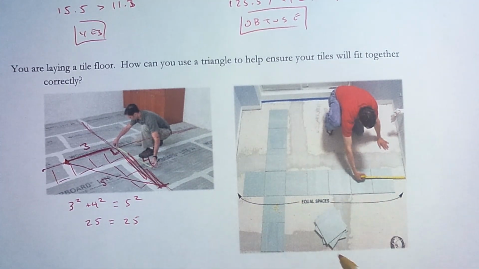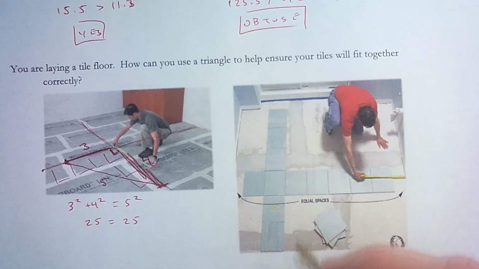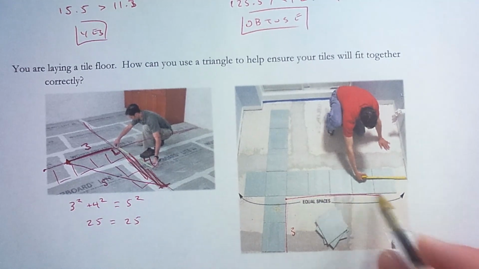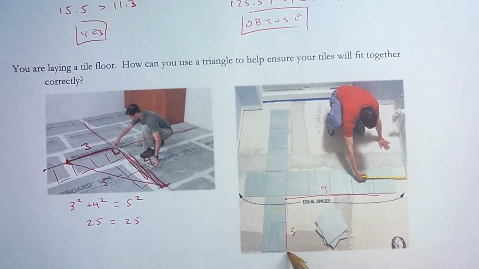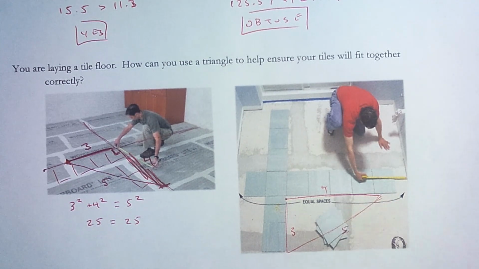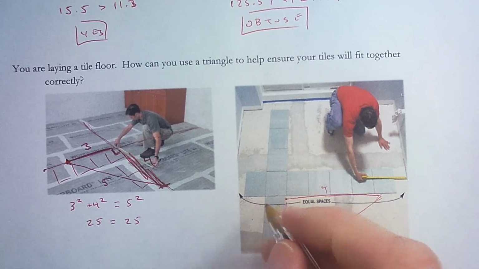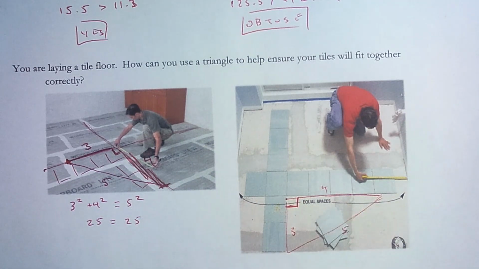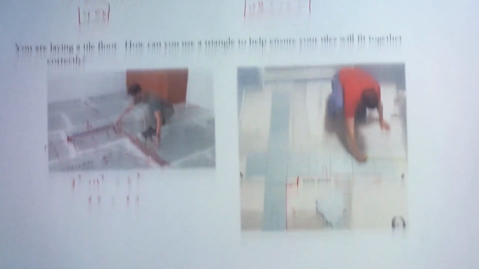These tiles are laid out. Okay, they're not adhered down yet because they're just being laid out to see if it's going to work. You can measure 3 feet this way, 4 feet this way, and then connect those ends. And you better get exactly 5 feet, and then you know that this is a right angle, so your tiles will fit together properly.